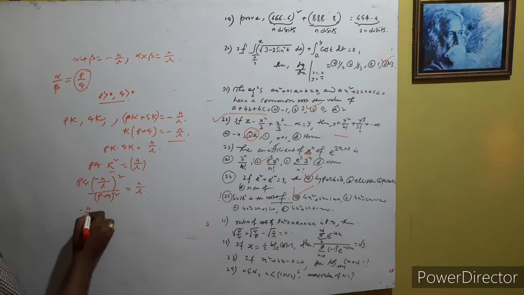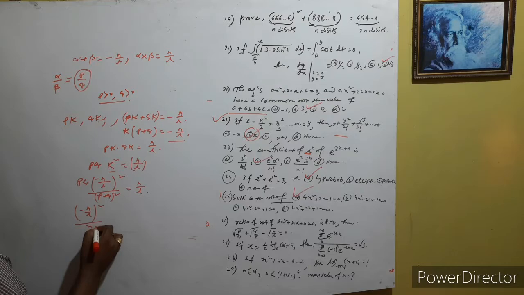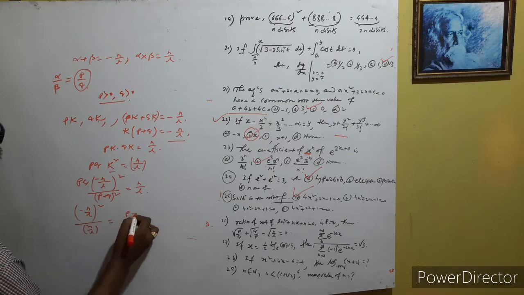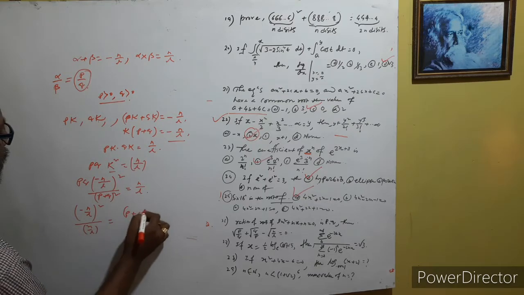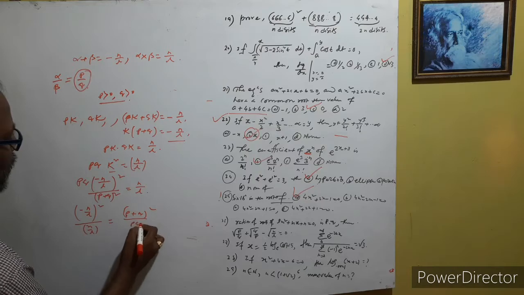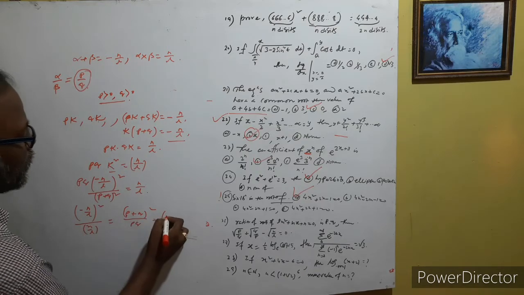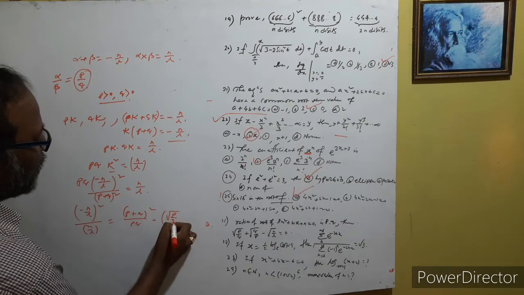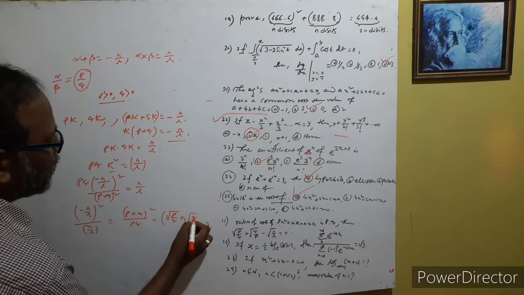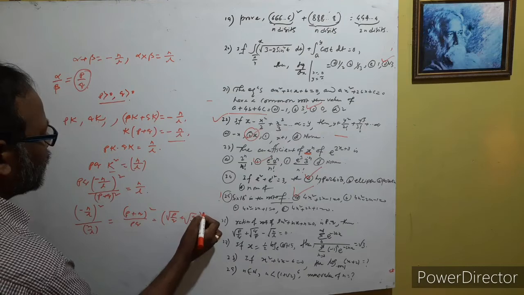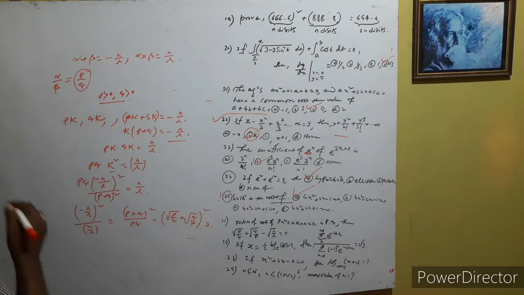So minus n by l whole square by n by l, and that is equal to pq whole square by pq, and this is equal to under root p by q by root over q by p, whole square.